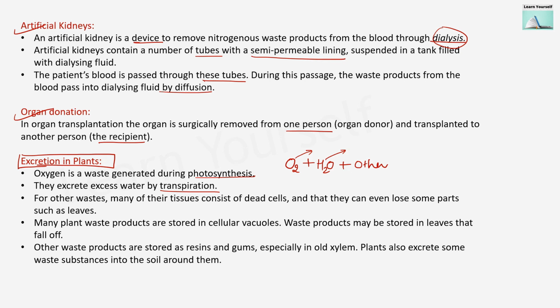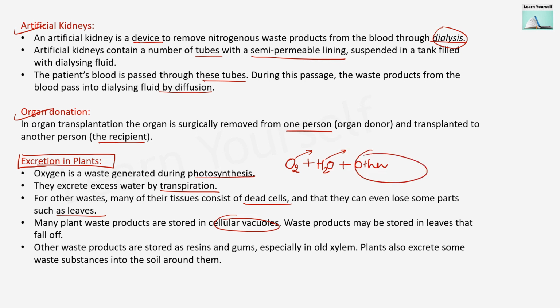Many of the tissues consist of dead cells, and plants can even lose some parts such as leaves. Many plant waste products are stored in cellular vacuoles. Waste products may be stored in leaves that fall off. So in these cellular vacuoles, they are storing other waste products.